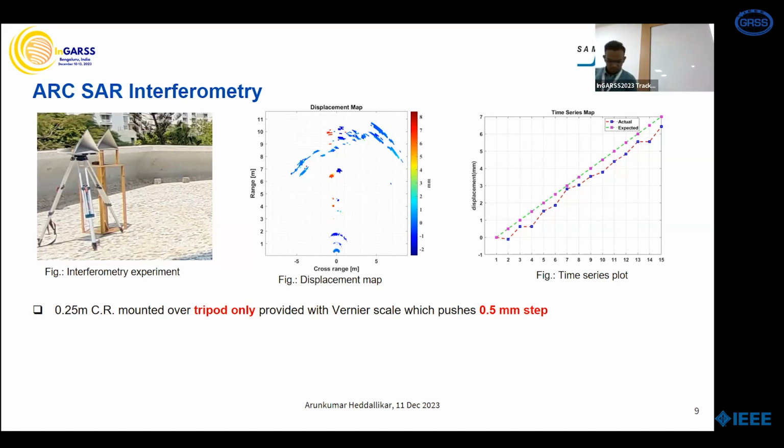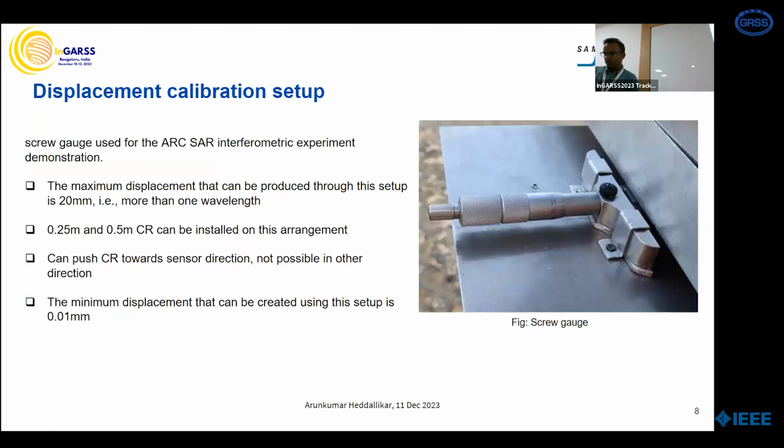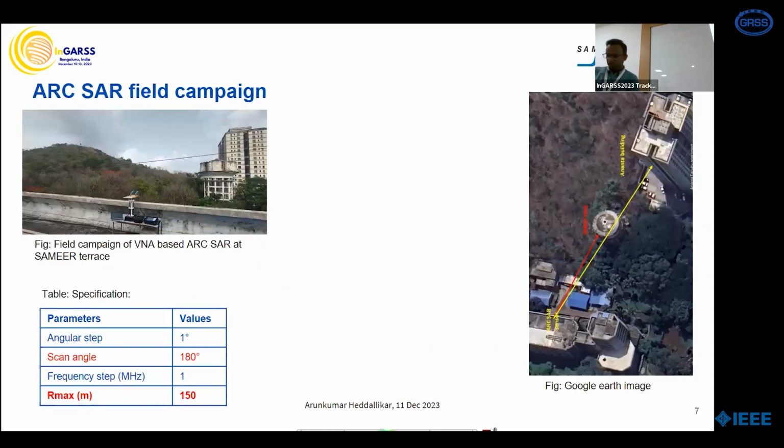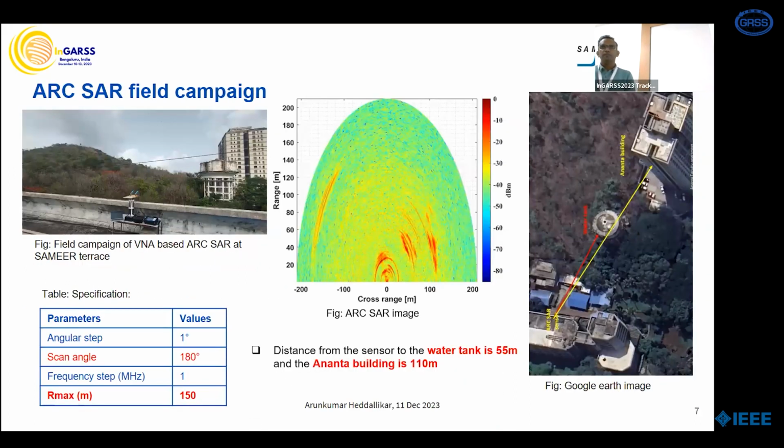Quick question, the shape of the tank, there is a bunch of distortion. How do you compensate for that? Actually, sir, when the radar looks, it is receiving the backscatter from the surface which is towards the radar direction.